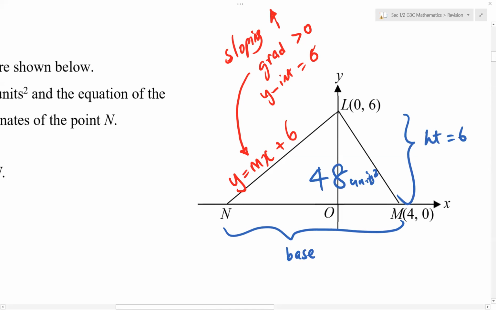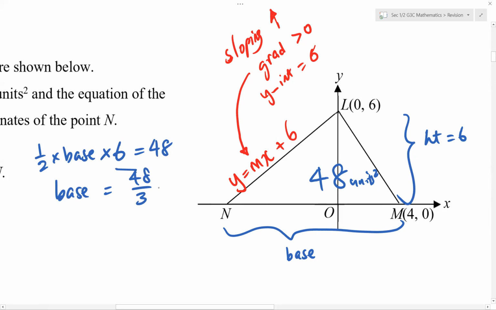Form algebra. Form equation. Half times base times 6 equals to 48. And we have our base equals to 48 over 3, which is 16. Why over 3? Because half times 6 is 3. So the base is 16.